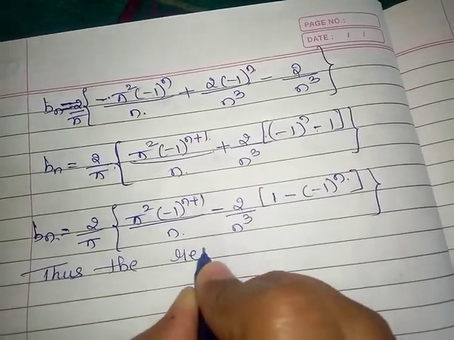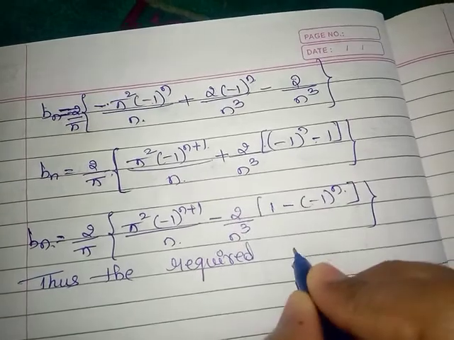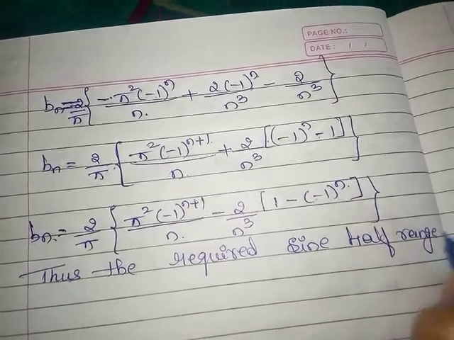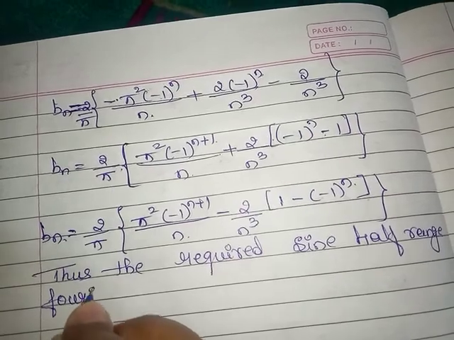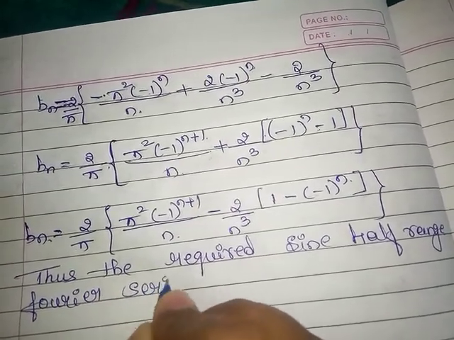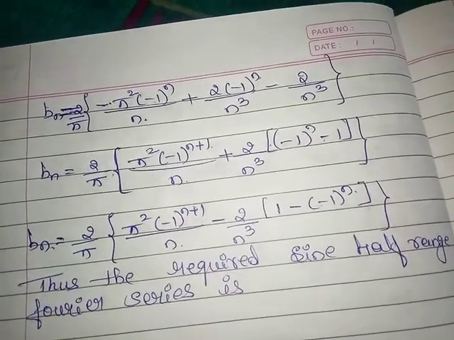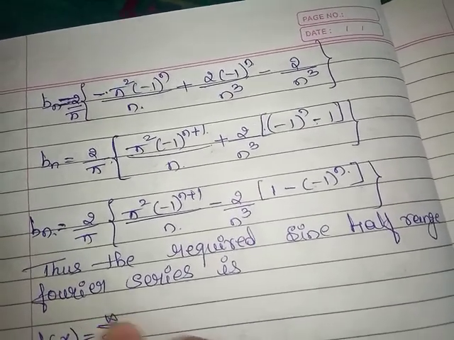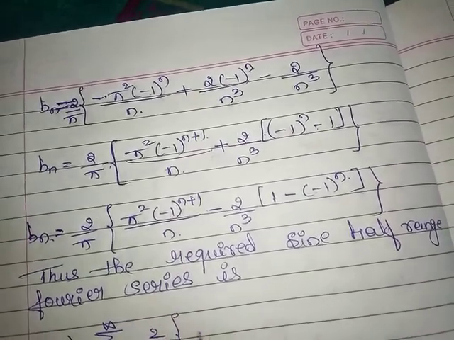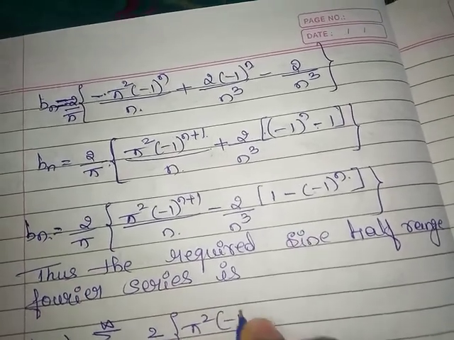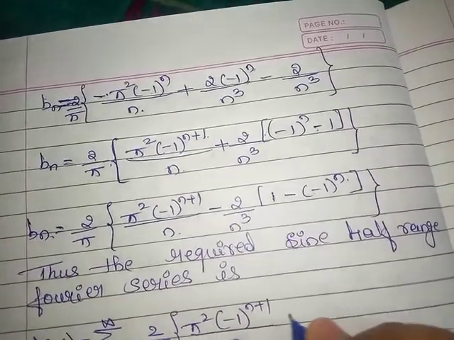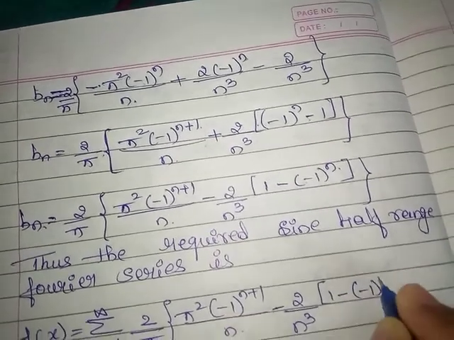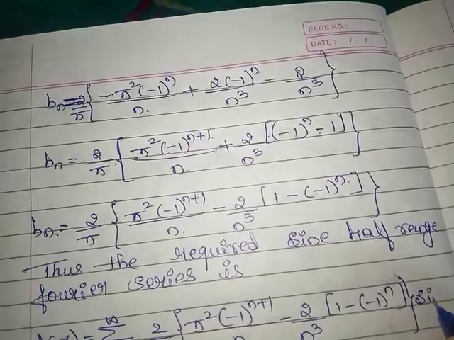Thus, the required sine half range Fourier series is f of x is equal to summation n running from 1 to infinity, 2 by pi into pi square into minus 1 raised to n plus 1 divided by n, minus 2 by n cube into 1 minus of minus 1 raised to n, into sine n x.